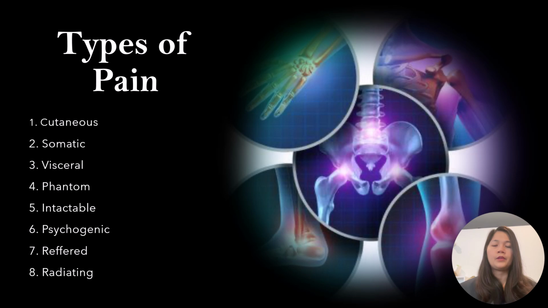So for example, the patient is complaining of right knee pain. However, that right knee was amputated several years ago. So right now the patient is suffering from phantom pain, and the best treatment for that is through mirror therapy. And then we have intractable pain.